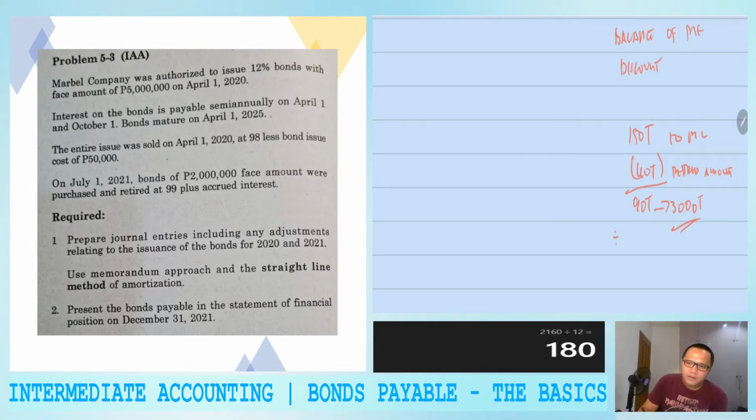Divide that by 5 years. So the revised applicable amortization per year now is 90,000 divided by 5 or 18,000 per year. Correct?